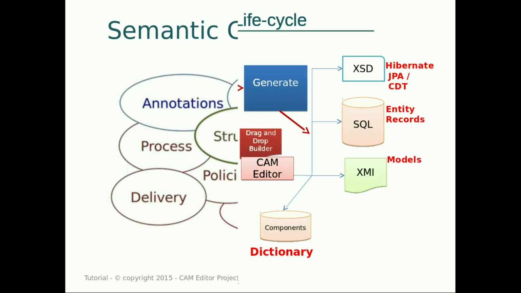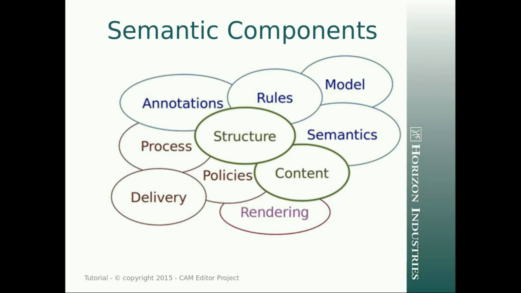Now we move to the semantics and how this is achieved. So if we look at the overall landscape for information and processes, it can be summarized as this diagram here. And what most people are familiar with is the three across the middle here: the structure of the information, the content model of the components, and then any annotations and definitions associated with those.